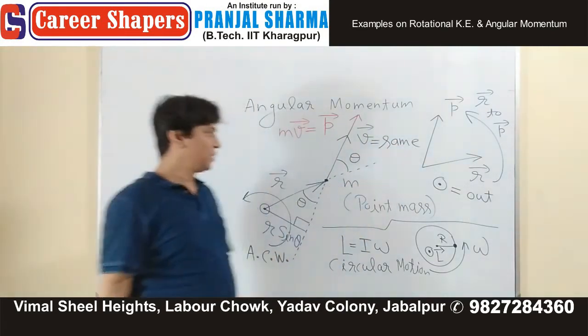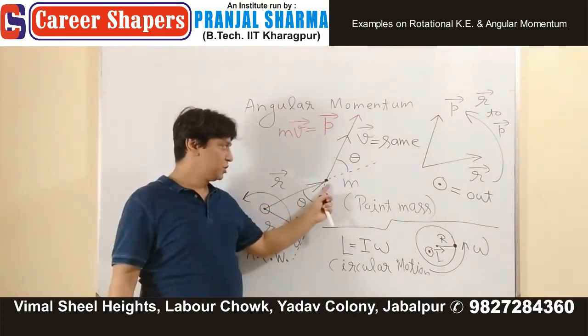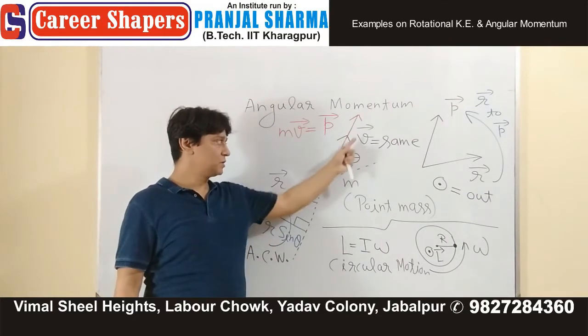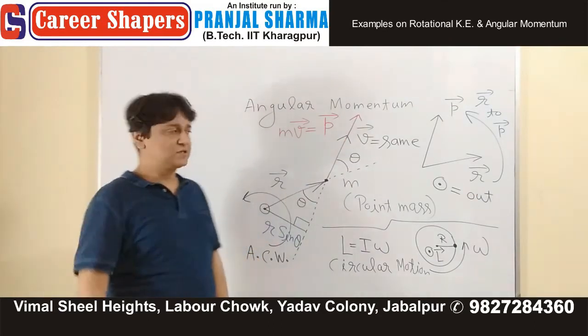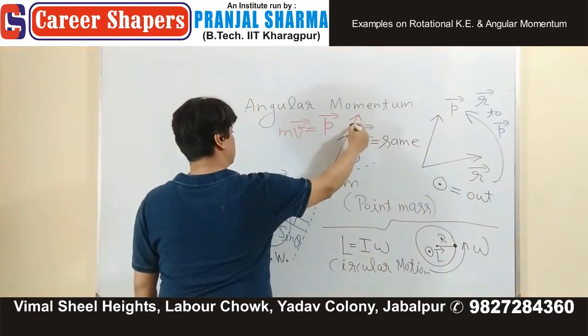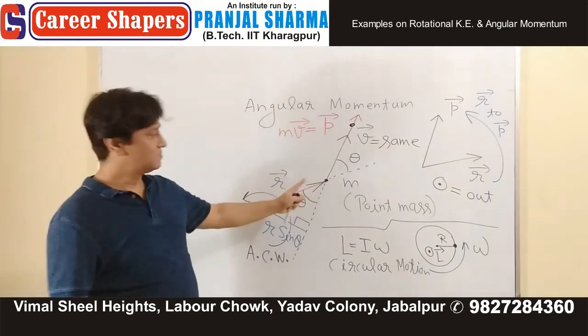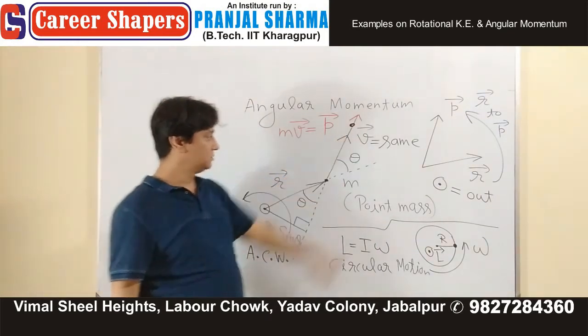Draw a separate figure. So object is at this position, it's moving in this direction with velocity V. And then after some time, we found that object is over here. This is the new position. Started from this, after some time, it is found over here.